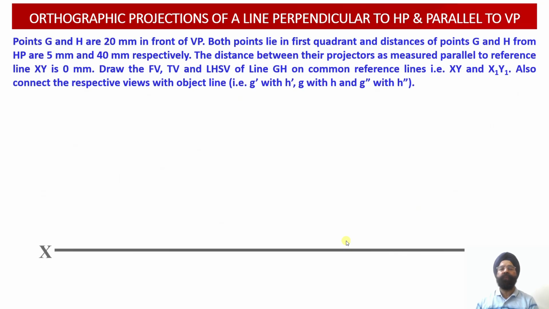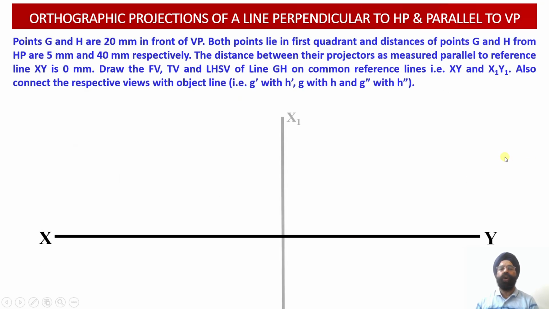Now let us proceed with the construction of the orthographic projections of this particular line GH. So this is the vertical plane, this is the horizontal plane, and this is the profile plane. Since we are required to draw the left hand side view projections of this line GH, the left hand side view projections will be drawn on the right hand side of the front view projection.